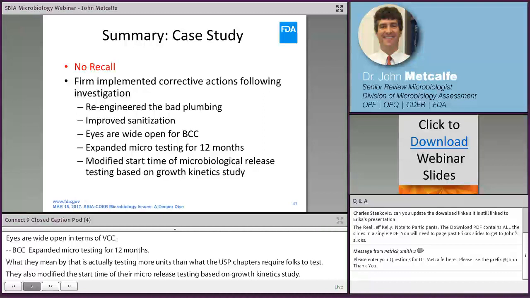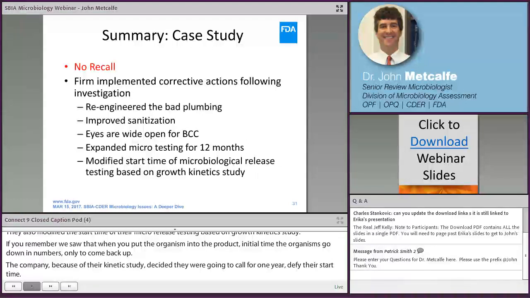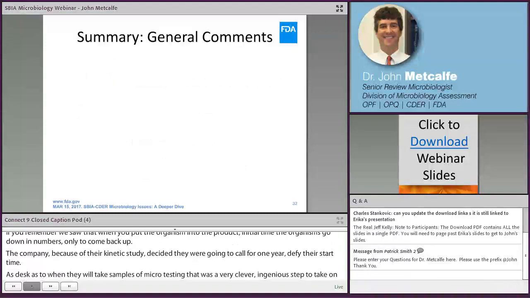The company, because of their kinetics study, decided that they were going to, for a year, modify their start time of when they were going to take samples for micro-testing. To us, that was a very clever, ingenious step to take in terms of this particular product and the experience that they had. Again, they wouldn't have known to do that if they hadn't taken on that study.